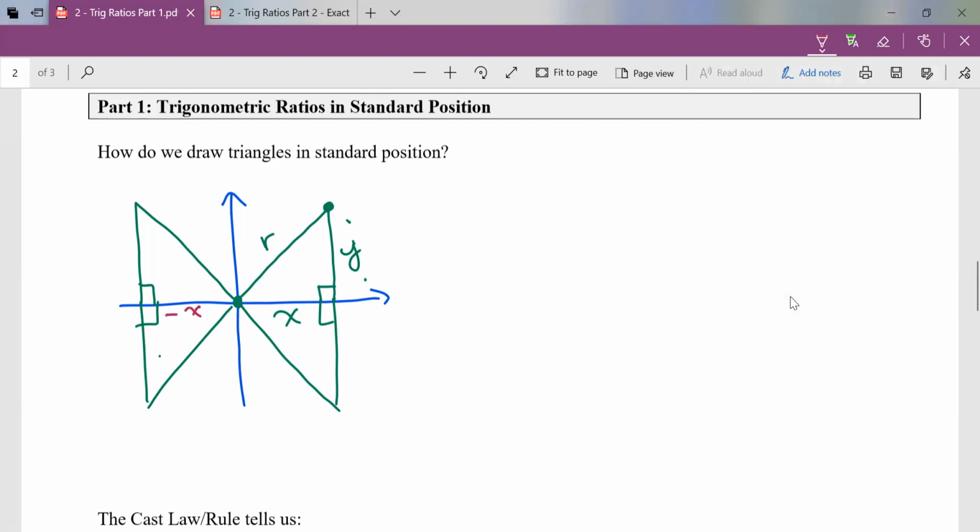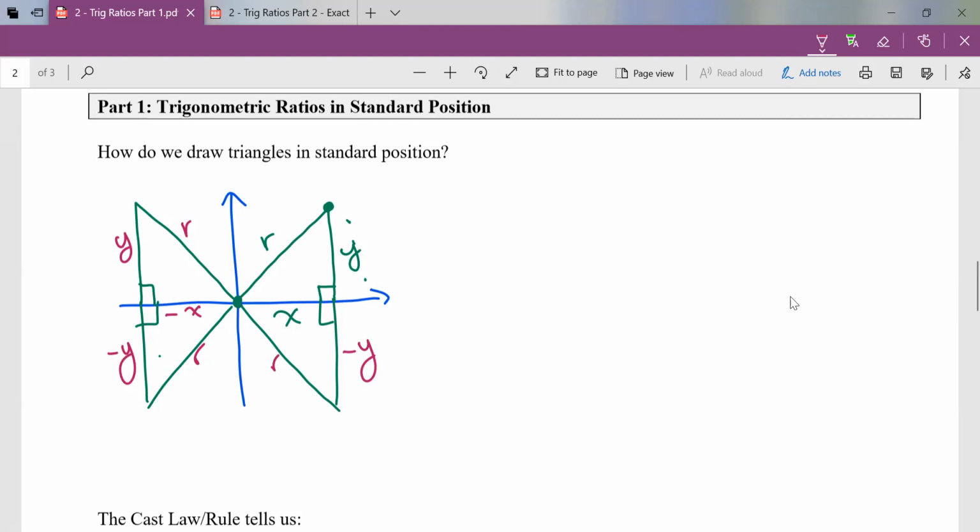Notice over here, our x would be negative. In quadrant 3, our y would be negative, and over in quadrant 4, our y would be negative. Our radius is always positive. The radius or the hypotenuse is always positive, but the x and y values switch signs depending on where we are. Let's take a look just in quadrant 1 for a second.